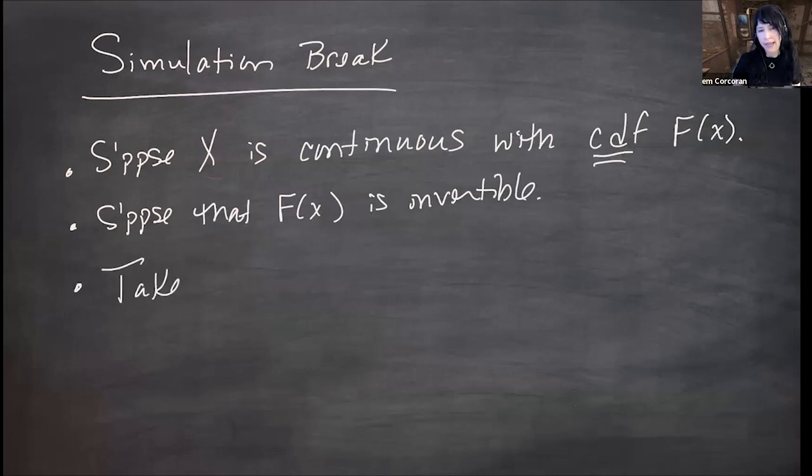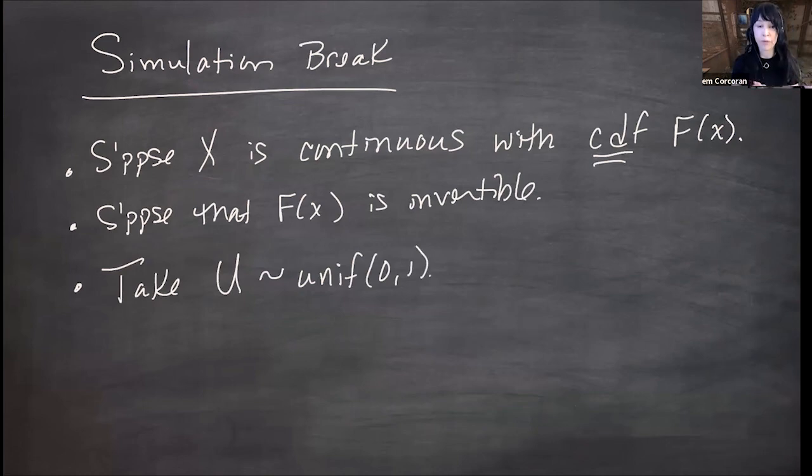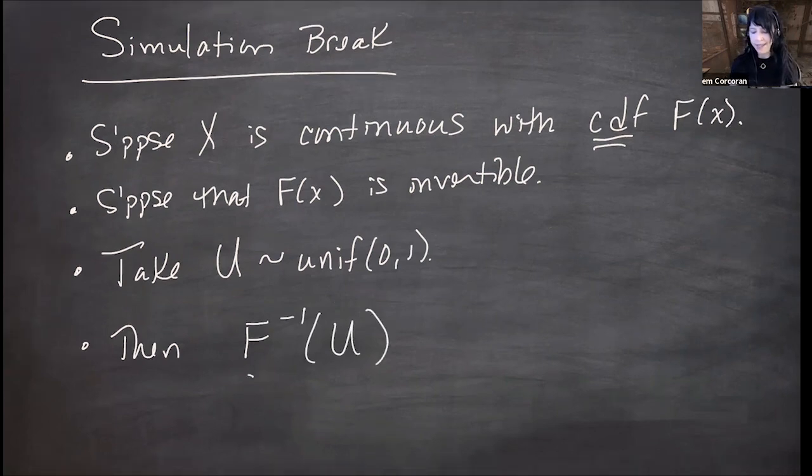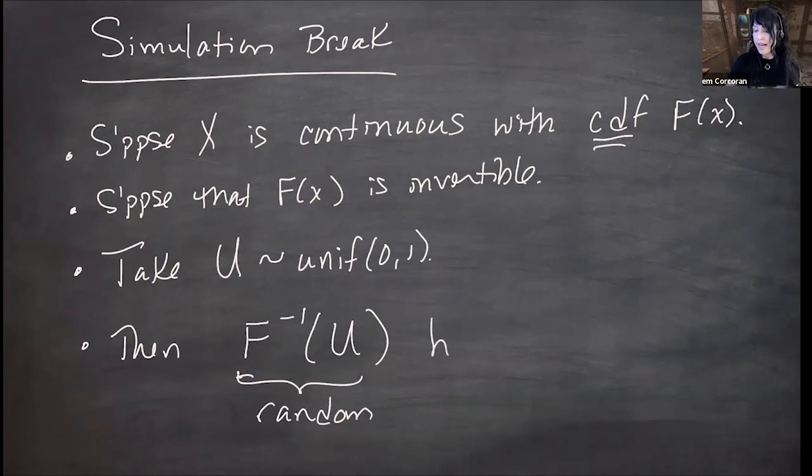You take a random variable u from your random number generator. So this is going to be something with a uniform 0-1 distribution that's spit out by a random number generator. Then the new random variable that you can form by plugging that into the inverse CDF, so this is the inverse CDF with a random variable plugged in, which is itself random, has the same distribution, we're going to prove it, as x.